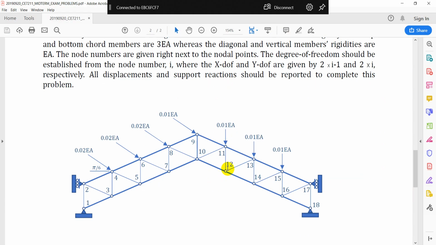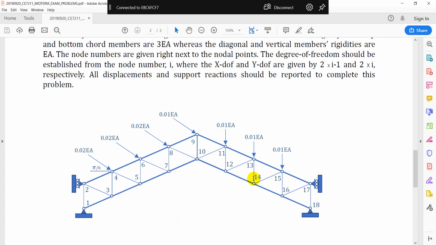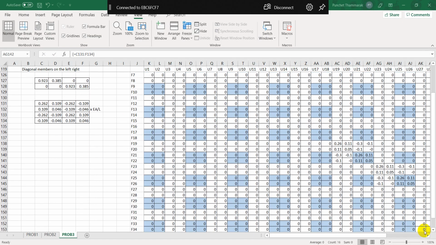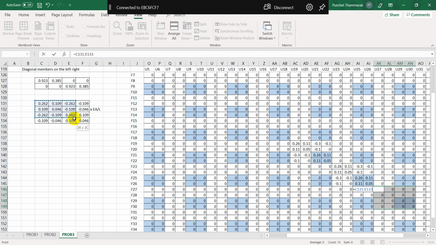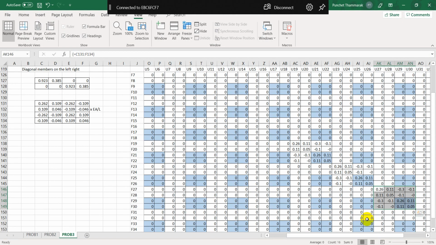Next. So 23, 24, 25, 26 is here. Next one. 27, 28, 29, 30. And the last one, 31, 32, 33, 34.